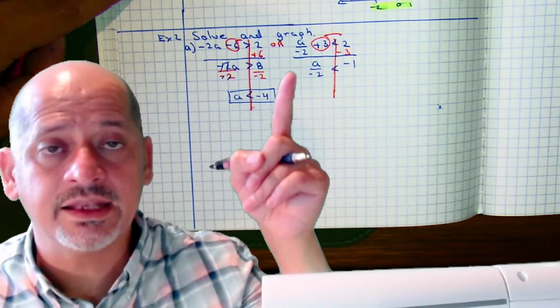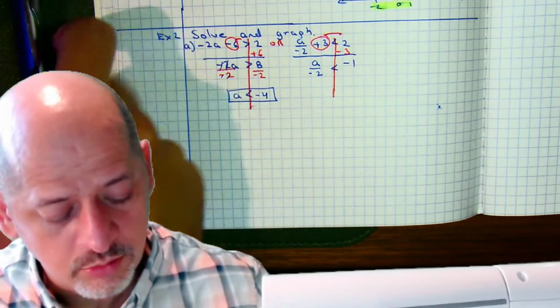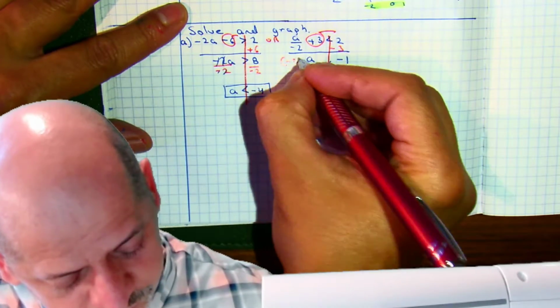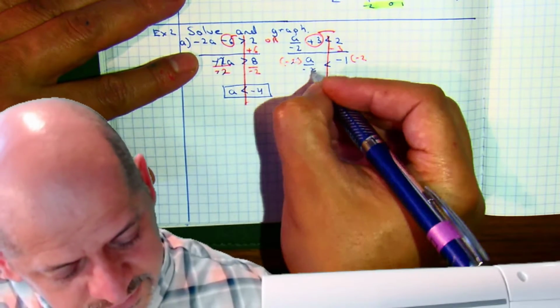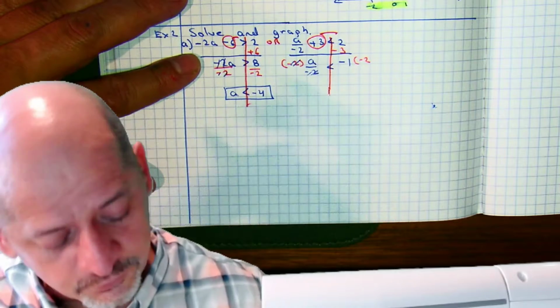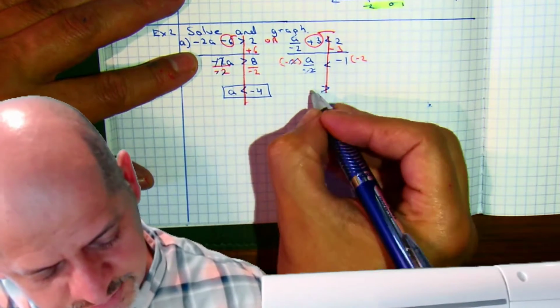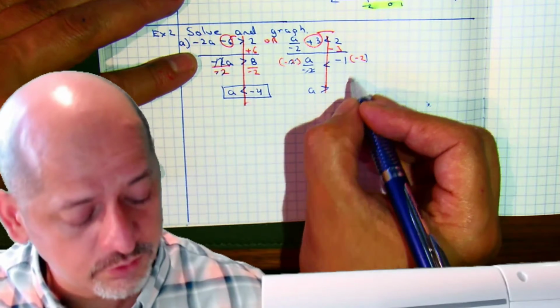What is the a and the -2 doing? They're dividing, so the opposite is to multiply by -2. My 2's cancel, my negatives cancel, and because I multiply by a negative number, I have to flip the inequality. So it gives me a. -1 multiplied by -2 gives me a +2.